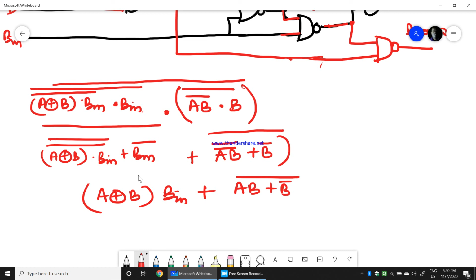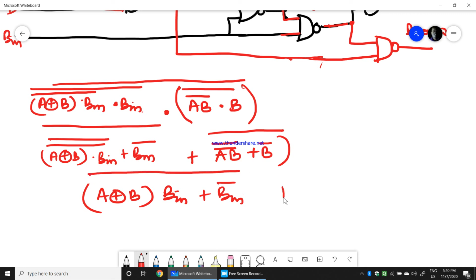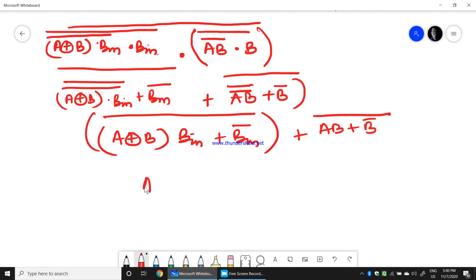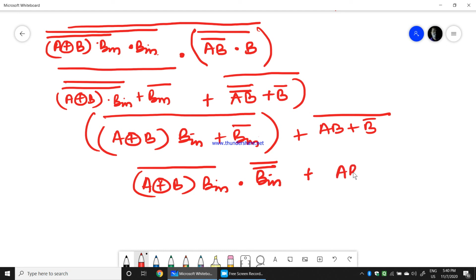So I think this will be plus Bin bar the whole bar, and this is plus AB plus B bar the whole bar. So I can write this now as A XOR B the whole bar multiplied by Bin the whole bar plus AB the whole bar and B bar the whole bar.